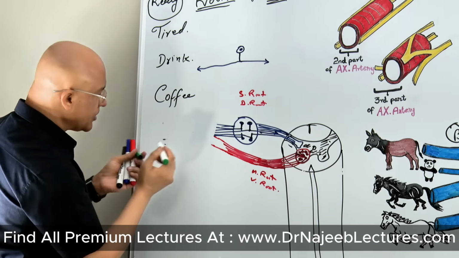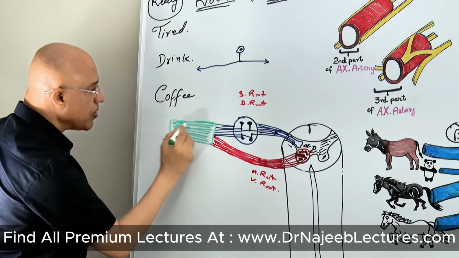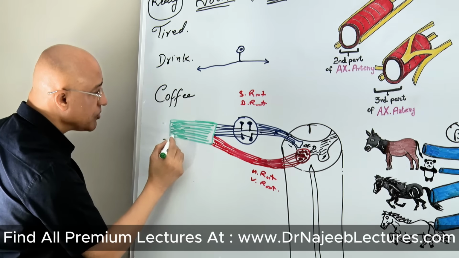And this neuronal bundle, this green one, is actually the spinal nerve proper. This is very important to understand.